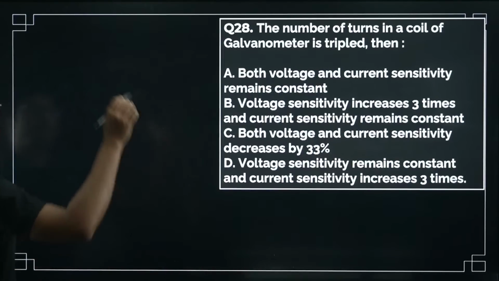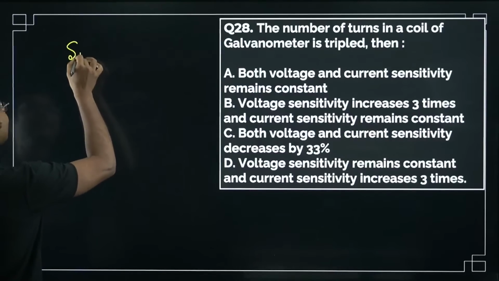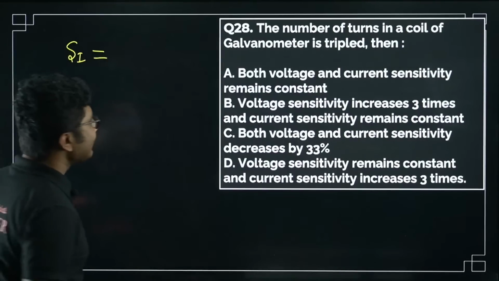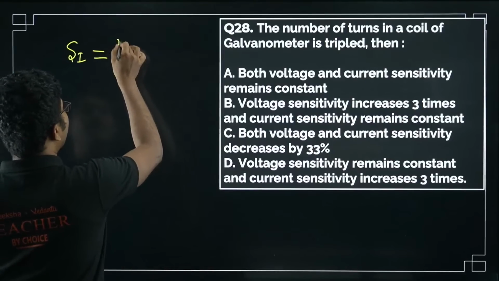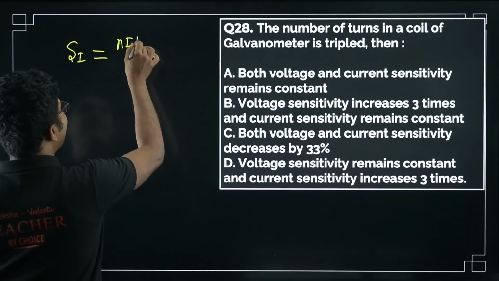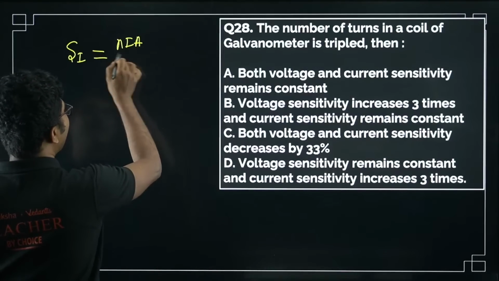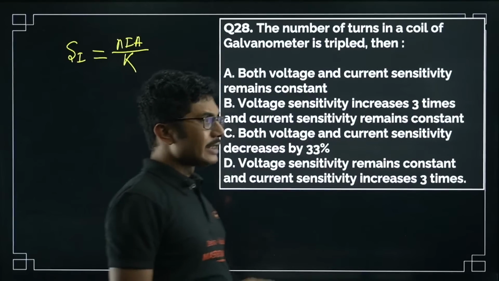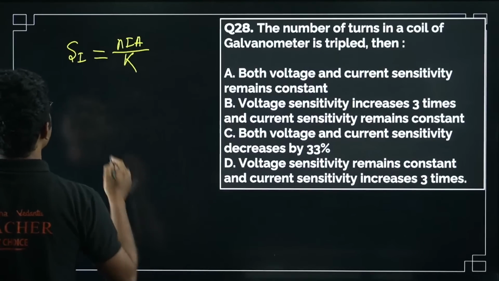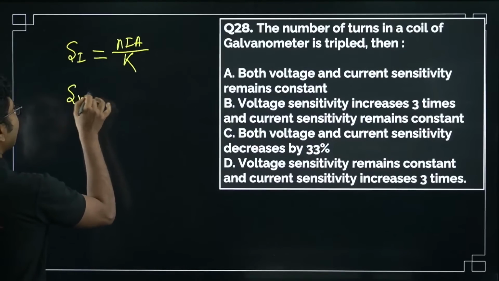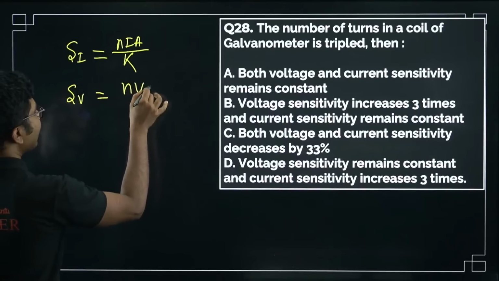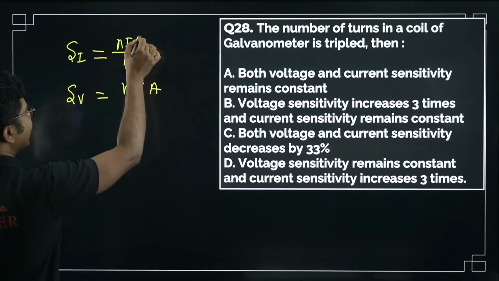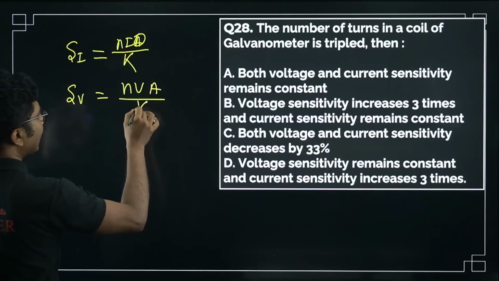Now you have to remember what current sensitivity is. Current sensitivity is number of turns N I A divided by the constant K. Sorry, not N I by A. It is galvanometer constant divided by I, which actually involves number of turns, some constant, by I. This is current sensitivity, and in case of voltage sensitivity, it is the galvanometer constant divided by voltage, which again has number of turns, some constant, divided by voltage.